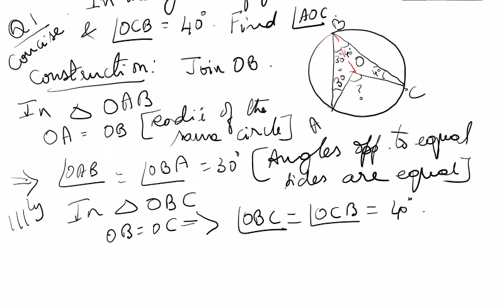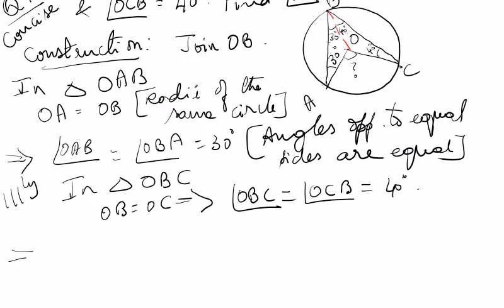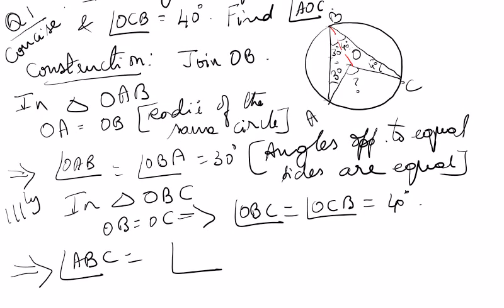Right? So angle ABC is the sum of these two angles, that is 30 plus 40. So now we know, this implies angle ABC is equal to angle OBA plus angle OBC. This is from the figure.